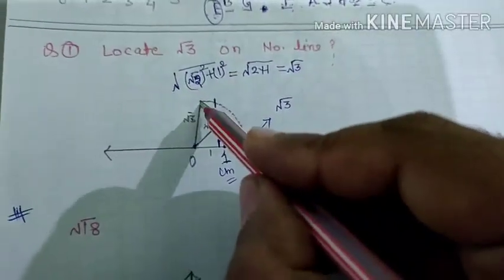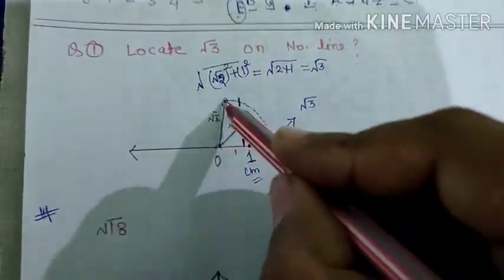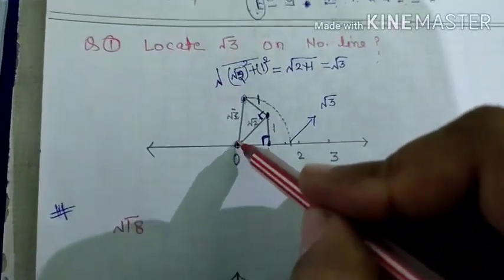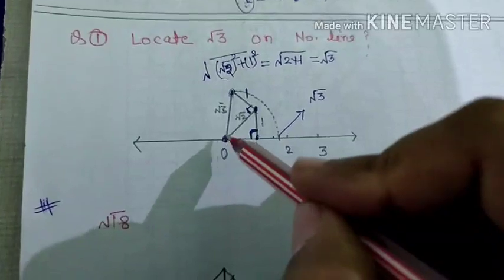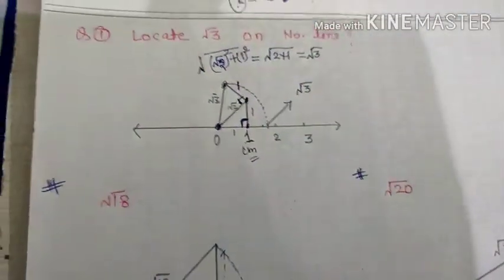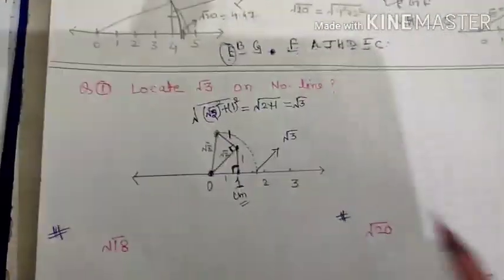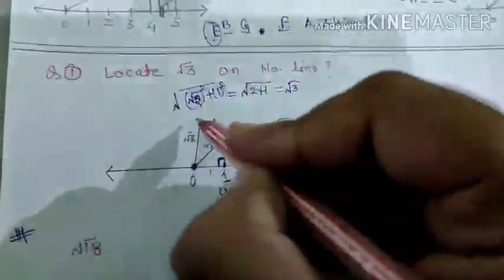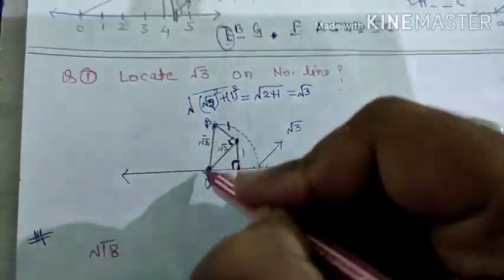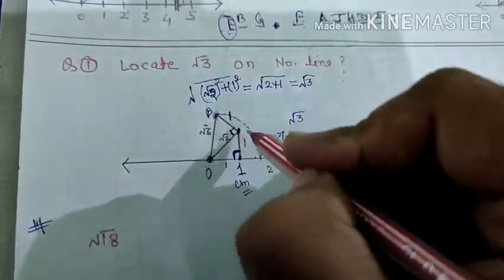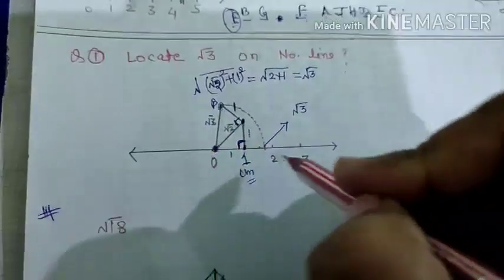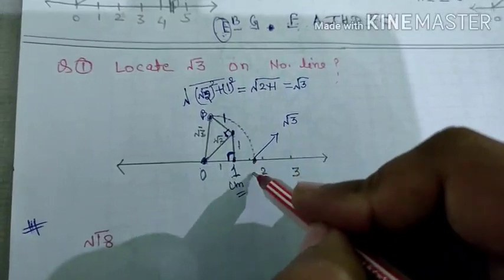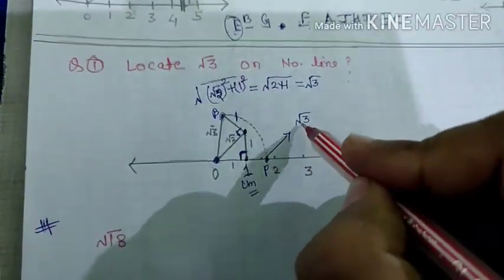You just have to place this length on the number line. So using the same procedure which we used in the previous question, taking O as center and this OB as radius, make an arc. This will cut the given line at this point P, and this point P will represent root 3.